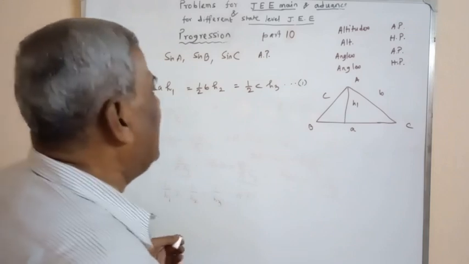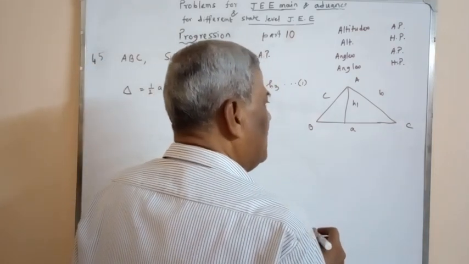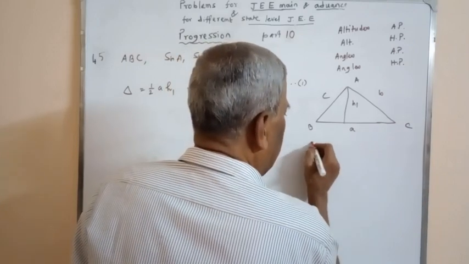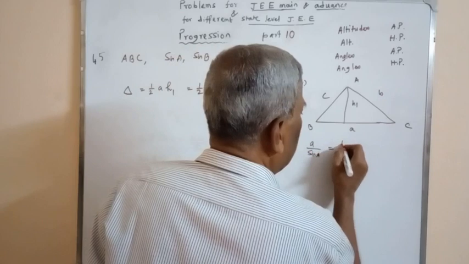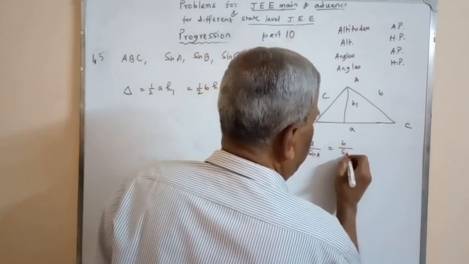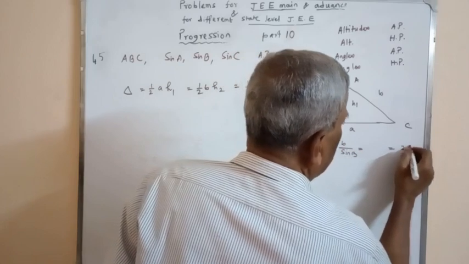Therefore, once again, we have using sine rule, A by sine A is equal to B by sine B is equal to C by sine C is equal to 2R.